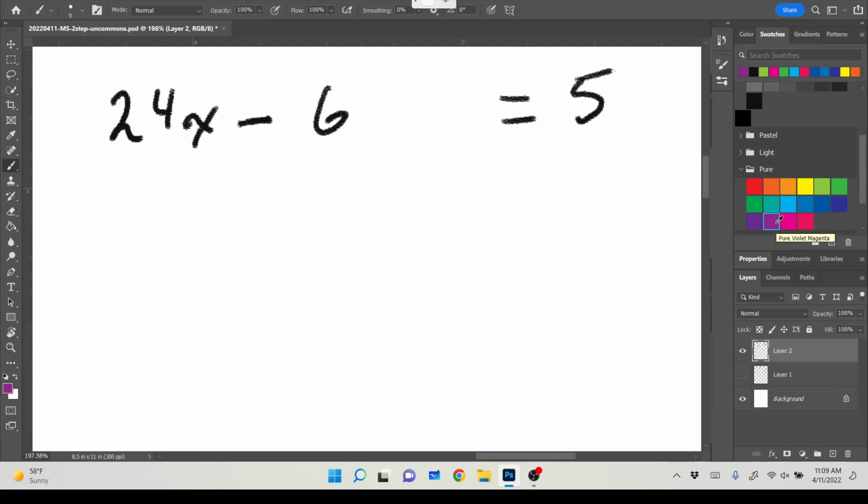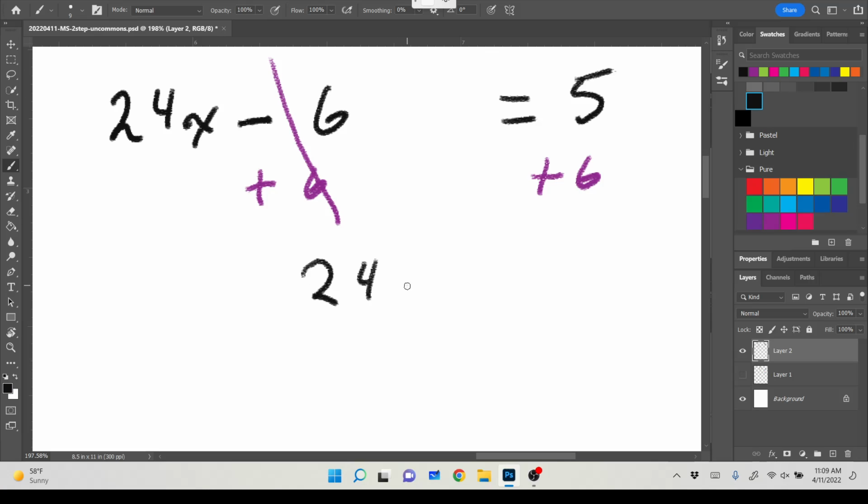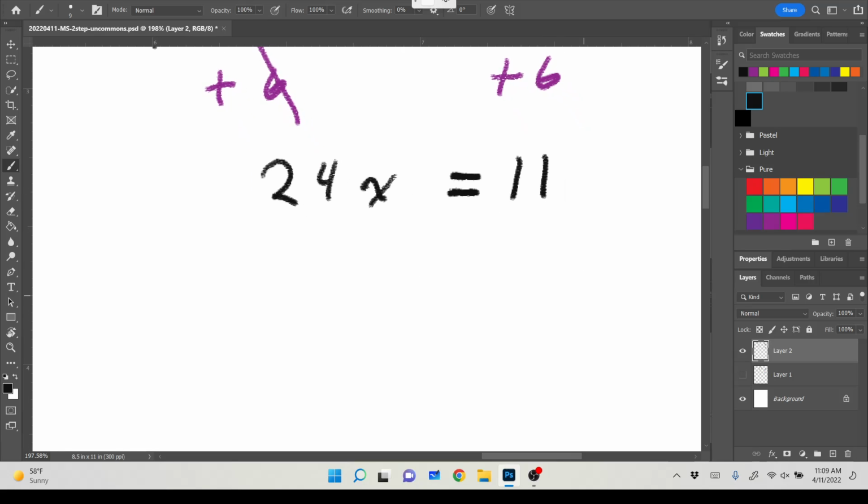Children love not thinking hard. So, you know. Add 6. So we've got 24x equals 5 plus 6 is 11. And then what should we do now? Divide by 24.